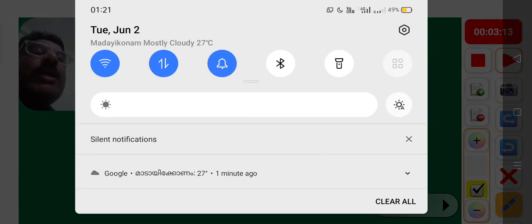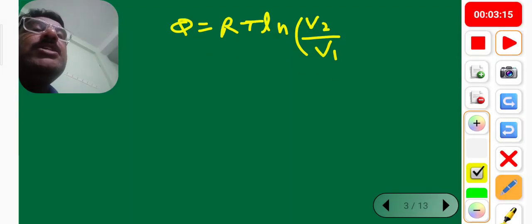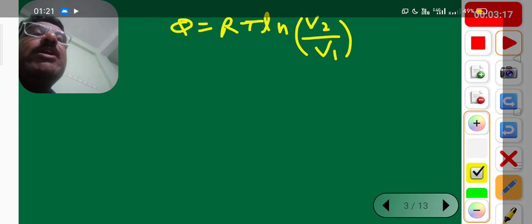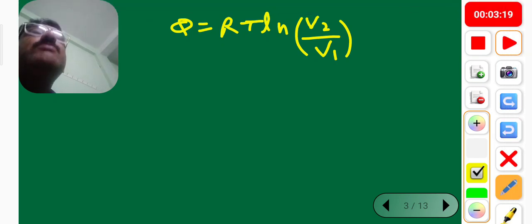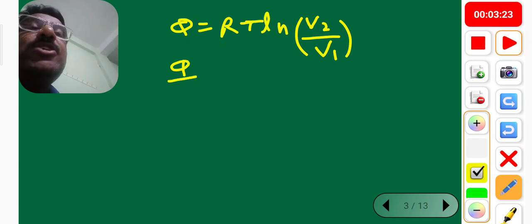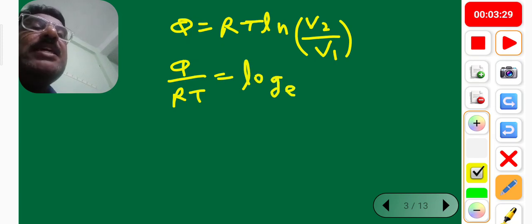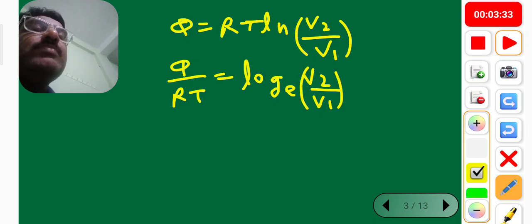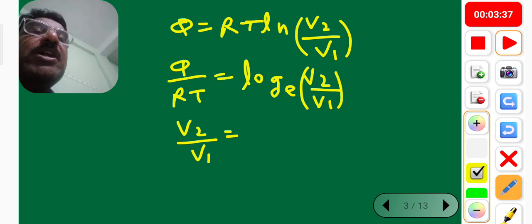So Q divided by RT is equal to log to the base e of V2 divided by V1, which means V2 divided by V1 can be written as e to the power Q divided by RT.